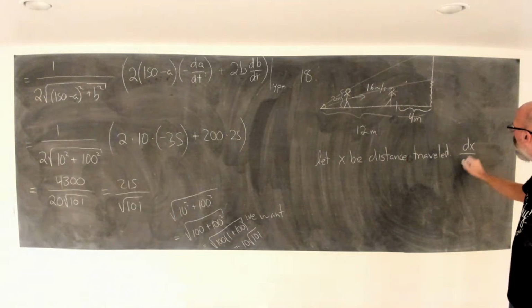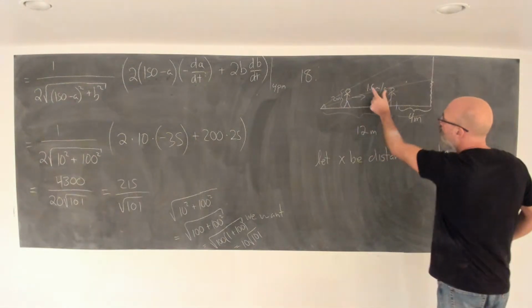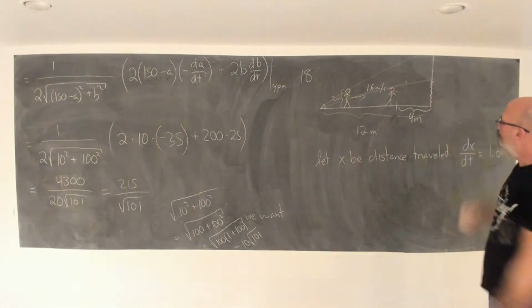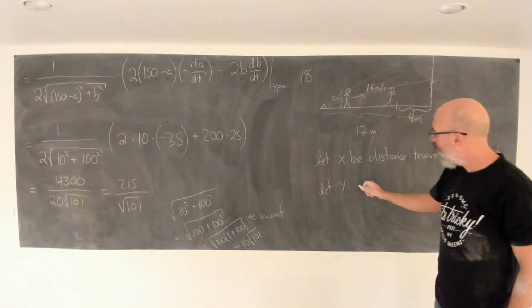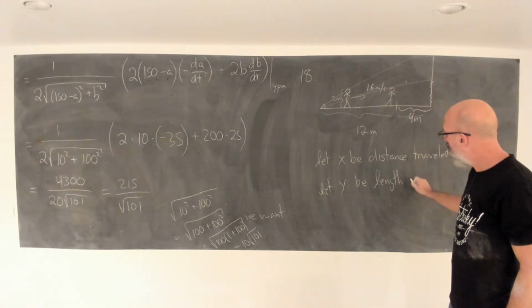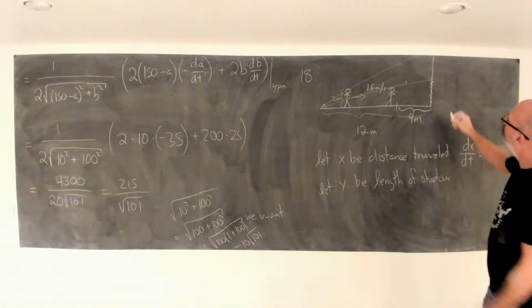The rate of change, how fast he's moving, is 1.6. And let y be the length of the shadow, right?